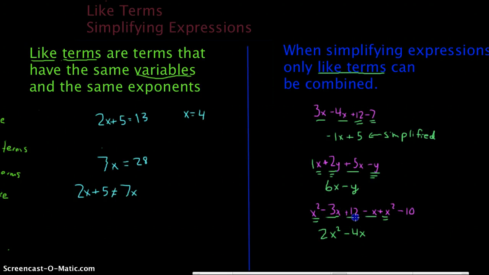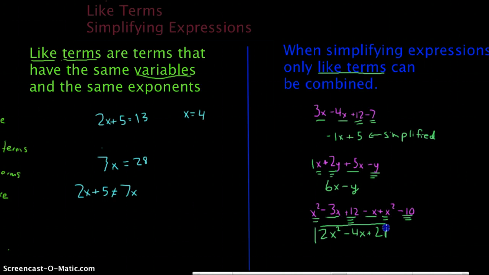And then the last set of terms, a positive 12 and a negative 10, gives me 12 minus 10, which is positive 2. Okay? Now, I can't put together an x squared and an x. I can't put together an x and just a regular number. So this is it. This is my simplified expression.